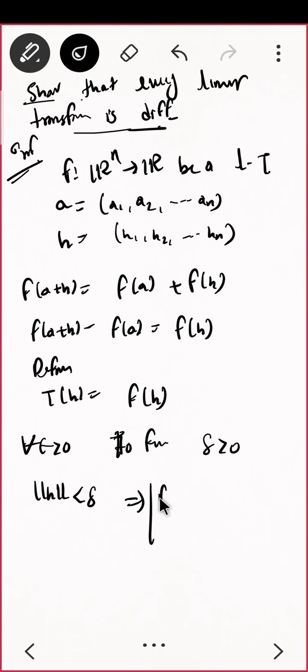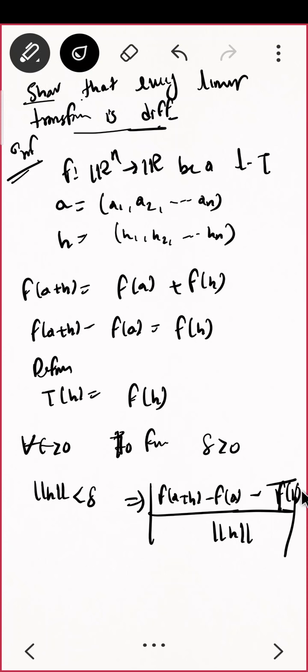It should be the norm of f of E plus H minus f of E minus T of H, upon norm H, less than epsilon. But here T of H is the same as that. So let us do the consideration part. Consider f of E plus H minus f of E minus T of H upon norm H.